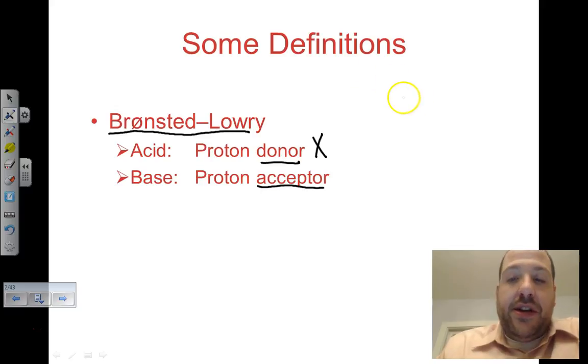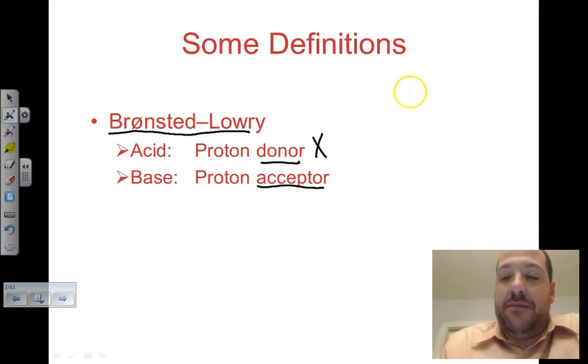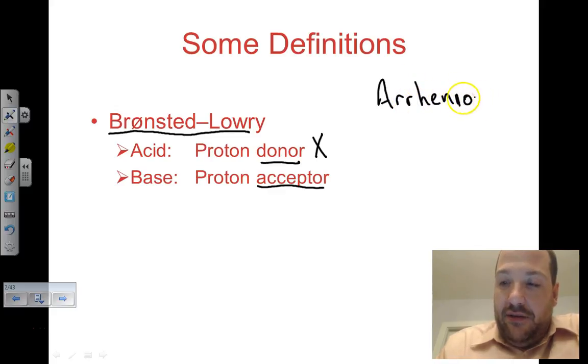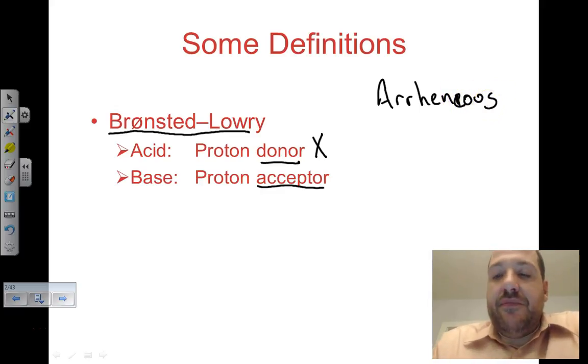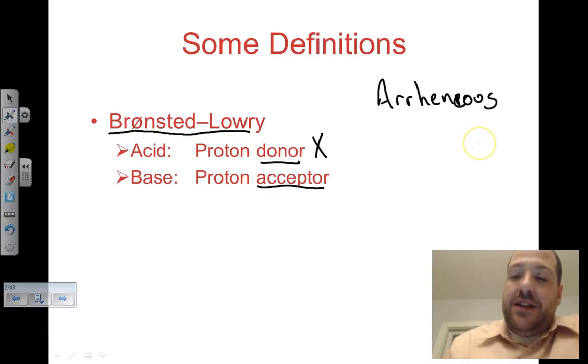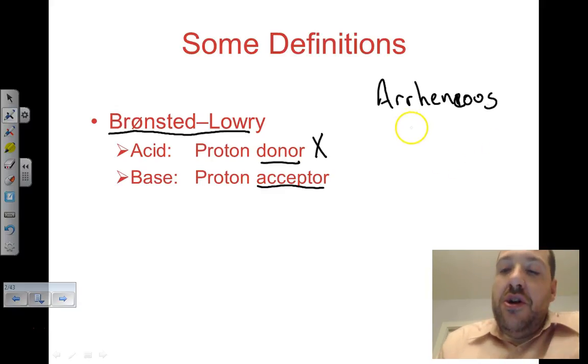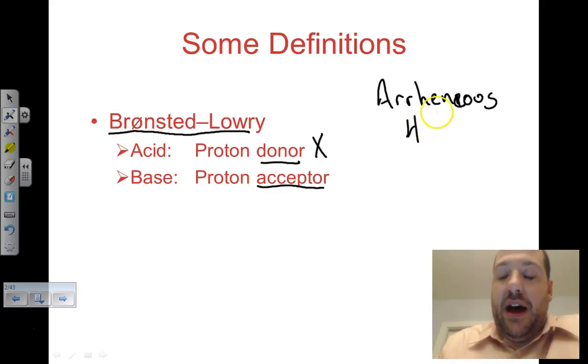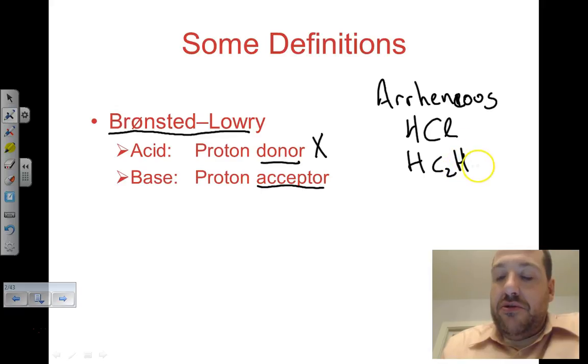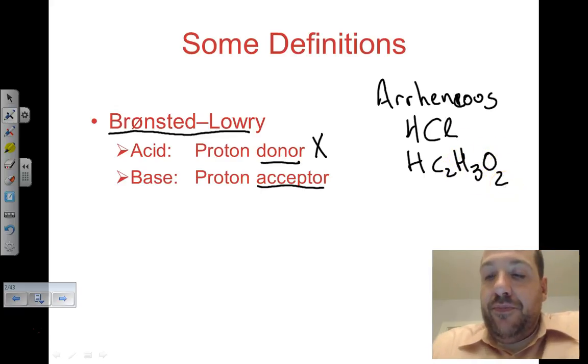Now, there are 2 other common definitions of acids and bases. One is Arrhenius, named after Svante Arrhenius. An Arrhenius theory is based solely on structure, where you have an ionizable hydrogen on the acid, so something like HCl or HC2H3O2.